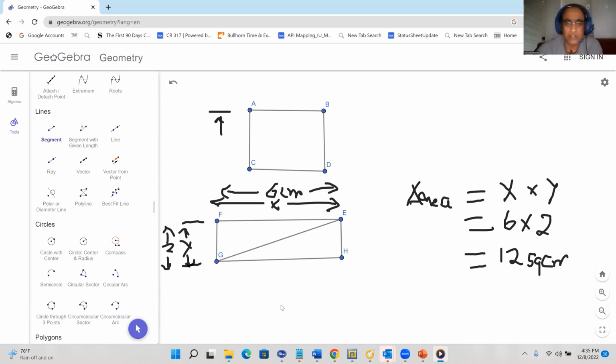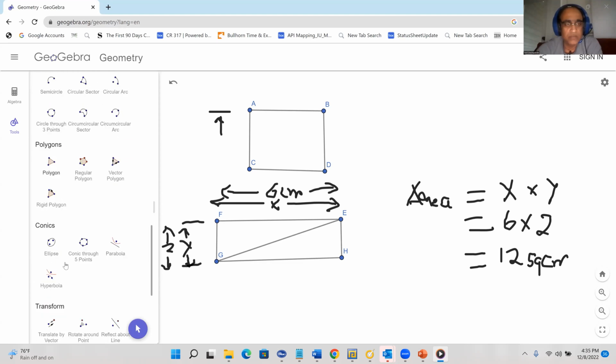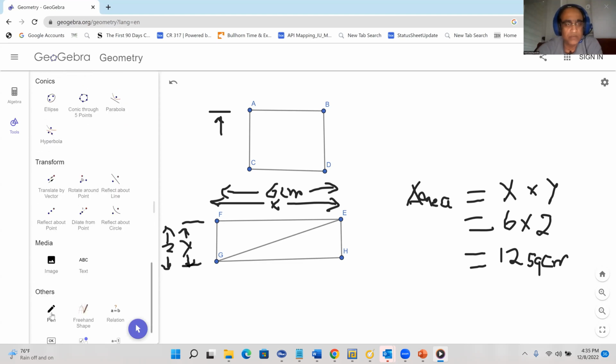We can imagine a lot of things like this. So now I'm talking of only two dimensions here. So now I'm interested in finding out what is the area of this and what is the area of this.